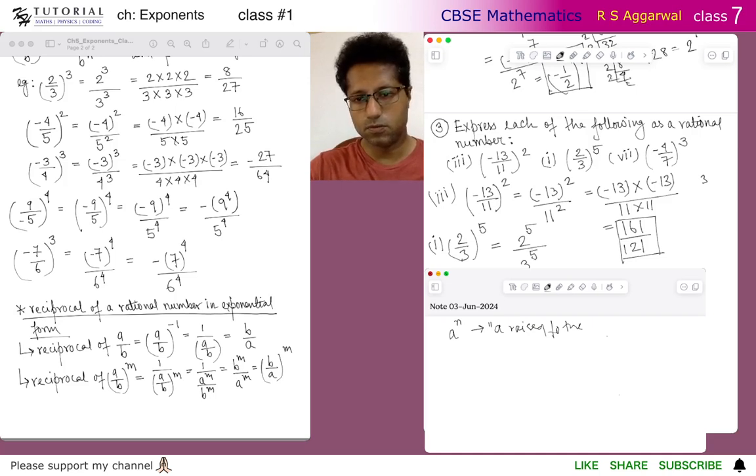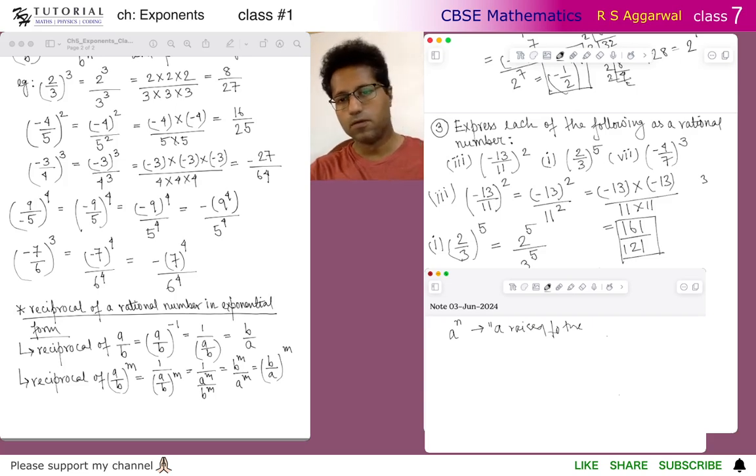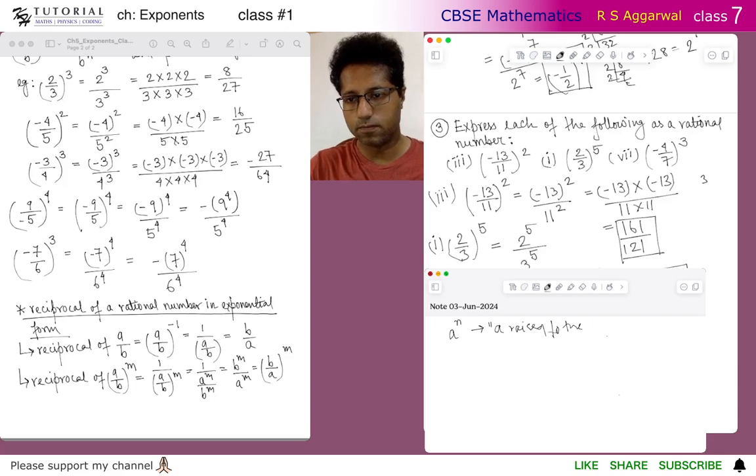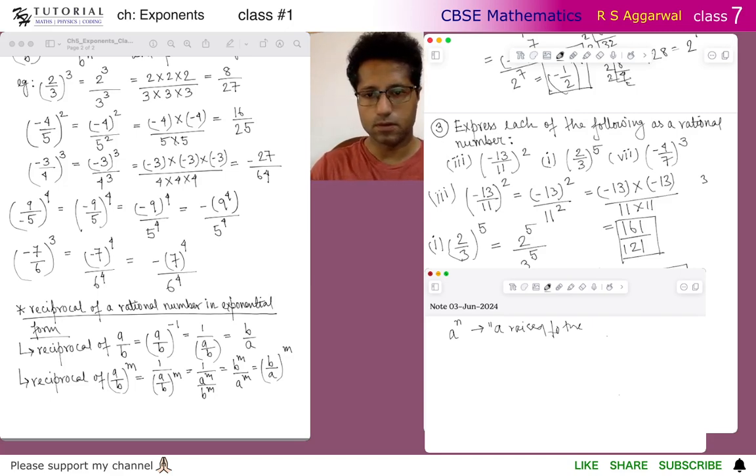Now this is 2 into 2 into 2 into 2 into 2 divided by 3 into 3 into 3 into 3 into 3, and this is 32 divided by 243. So this is the rational form.